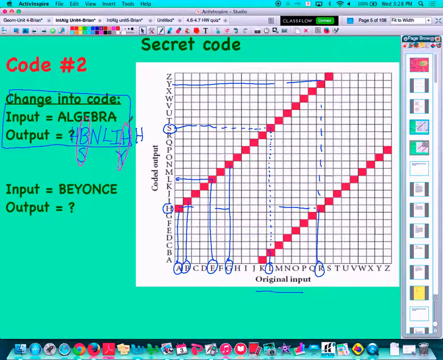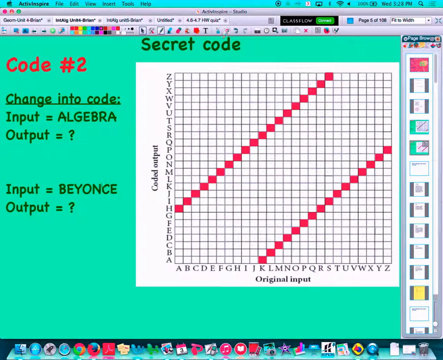So that's going to come into play a little bit. It makes the coding a little bit more complicated because you're not sure, should I use the B or should I use the S? Should I use the H or the Y? Because they're both outputs for the same input letter. So keep that in mind as we go through the next one. Now, if you want to go through and just take a minute and figure out what Beyonce would code to here as your second example, go ahead and write that on the page.